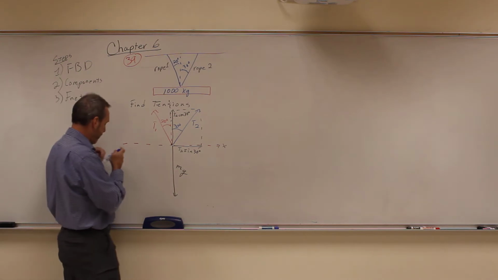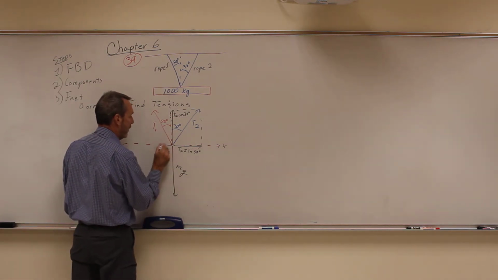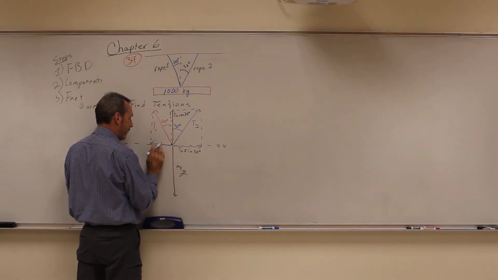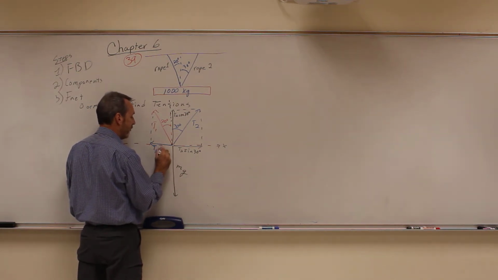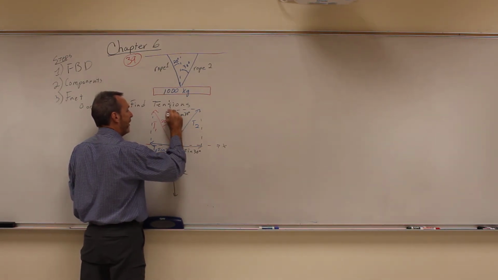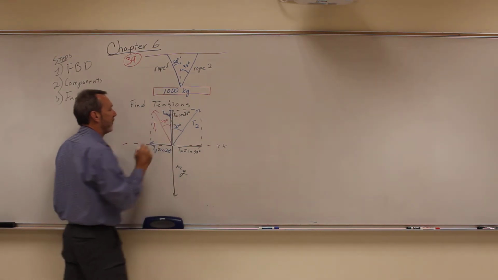Same thing here for T1. If I drop this down here, this is going to be T1 sine of 20 degrees in the x direction. And this here is going to be T1 cosine 20 degrees in the y direction.